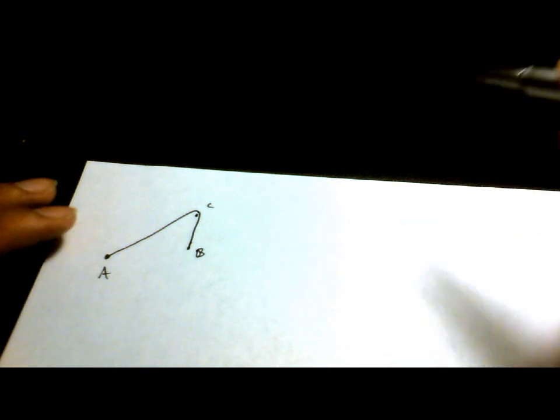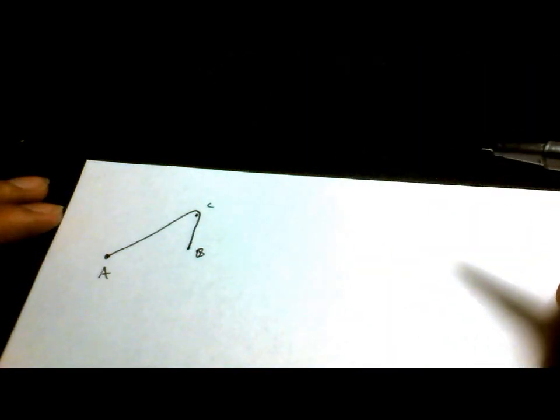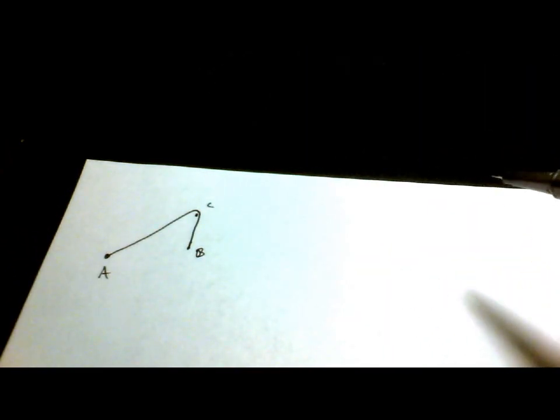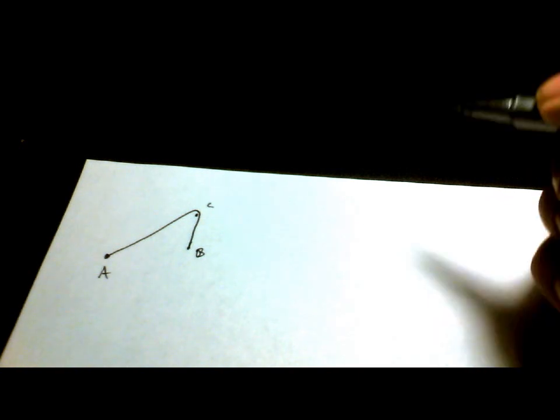Now, what information are we given? We're given velocity this way.